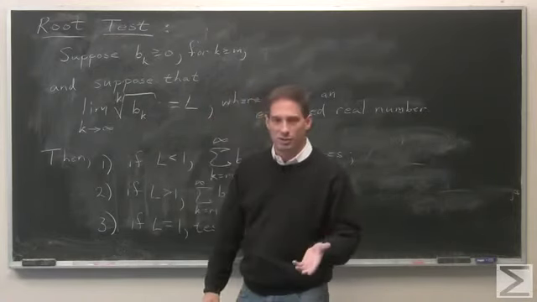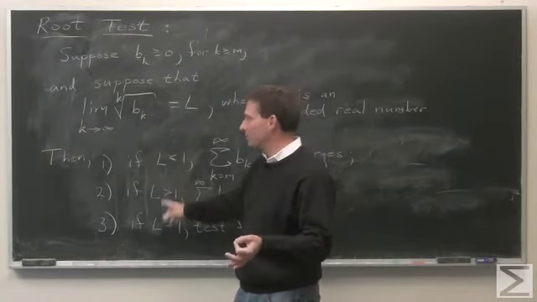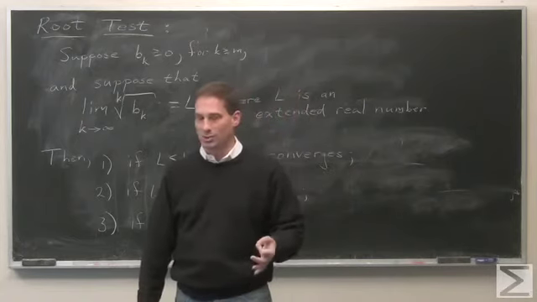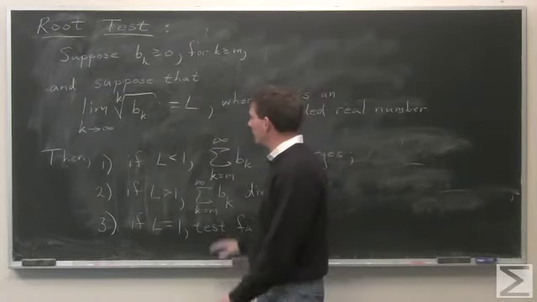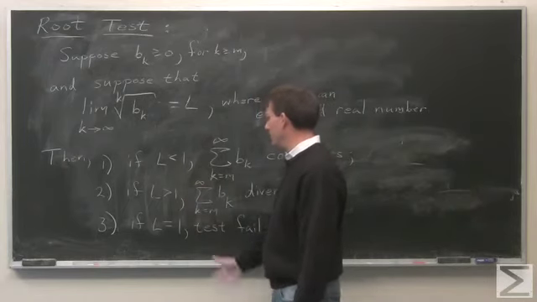Which means it looks like a geometric series where R, once again, is the L. If it's less than 1, it converges. And if R is greater than 1, so L is greater than 1, it diverges.